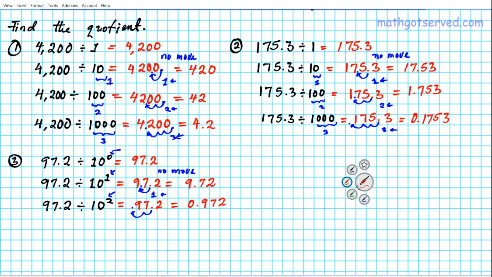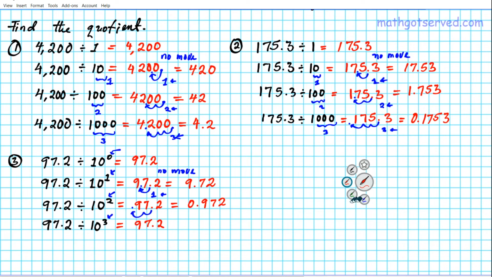All right, let's try one more. What if we have 97.2 divided by 10 to the third power? Always look at the power of 10. That tells you how many places to move the decimal point, either to the left or to the right. For division, to the left; multiplication, to the right. We're dividing here, so our decimal point will be moving to the left. Our result will be smaller.